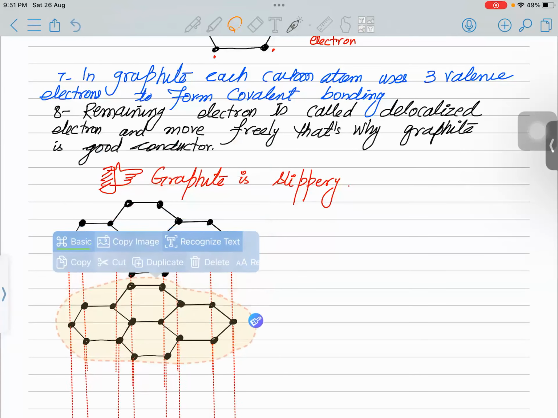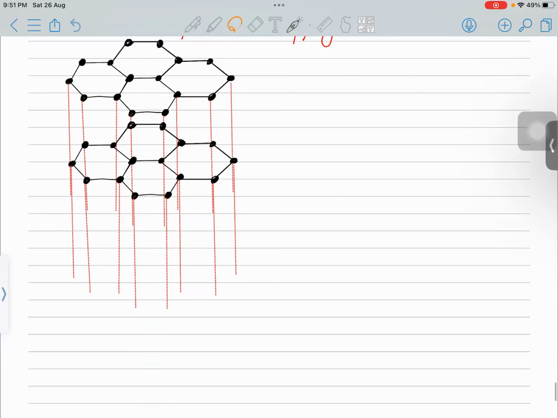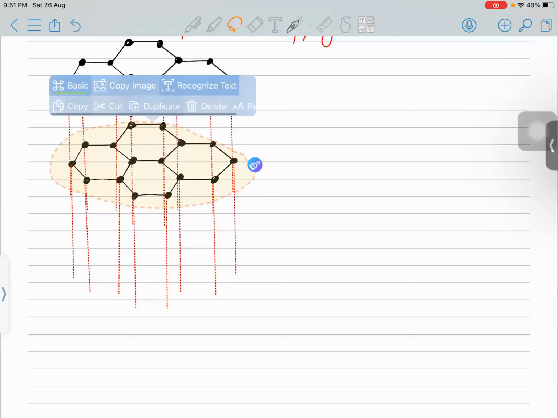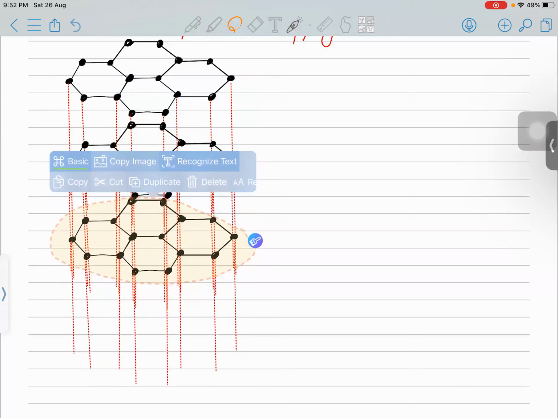This is another graphite layer. This is another graphite layer.